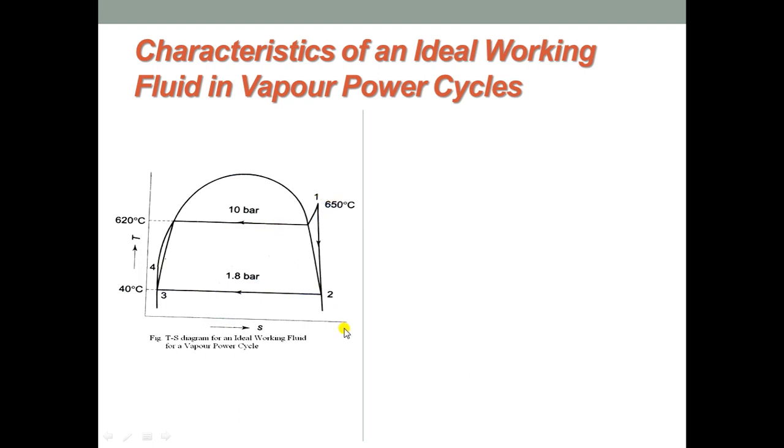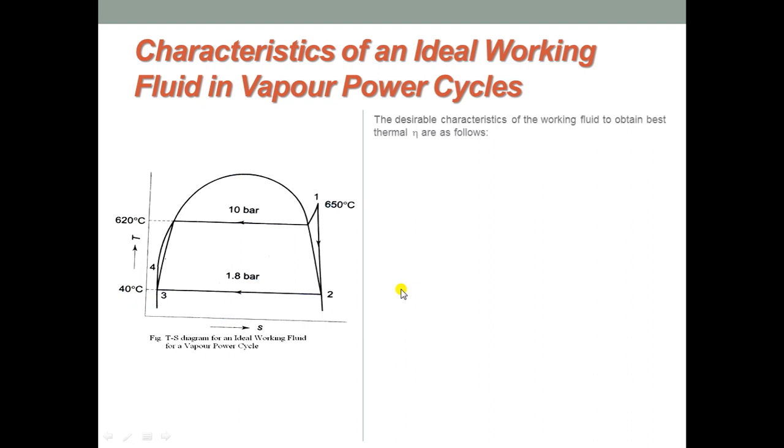And here, to identify the characteristics of an ideal working fluid, we are going to use a TS diagram of an ideal working fluid, which is working between two pressure limits, that is condenser pressure equal to 1.8 bar and boiler pressure equal to 10 bar, and the temperature limits are 40 degrees and 620 degrees Celsius.